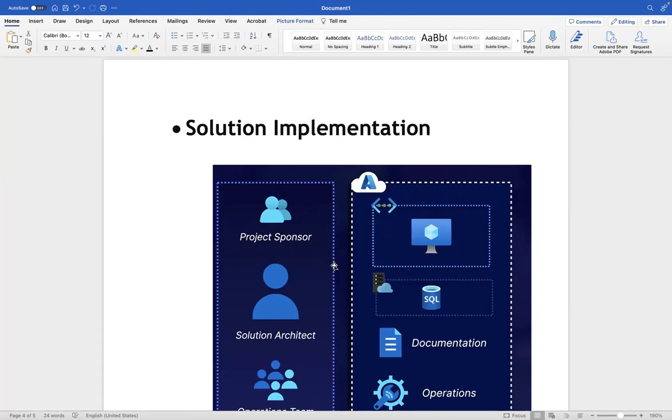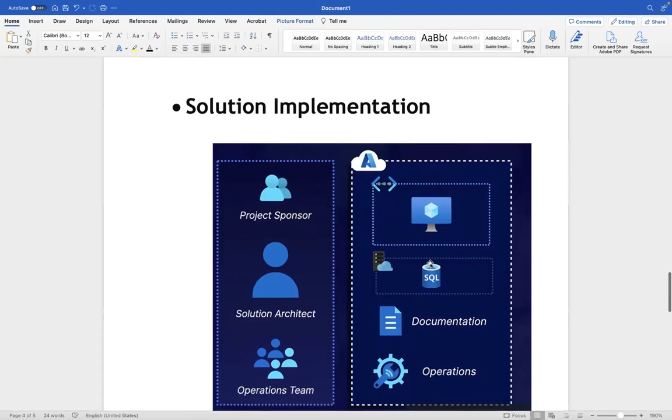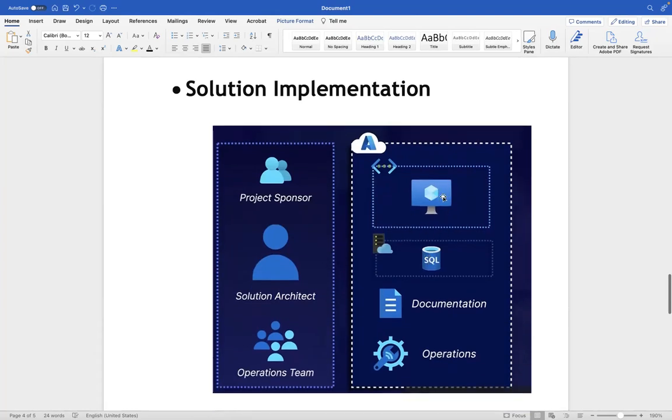Whoever is going to perform that implementation, it typically looks like this: you implement that solution in Azure, whatever it might be, then you hand that over to operation.